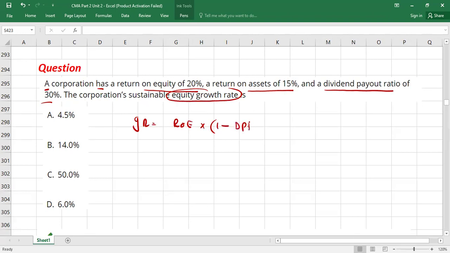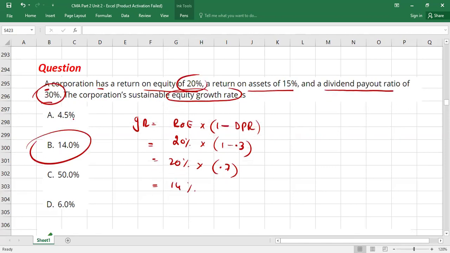Return on equity is given, 20%, multiplied by 1 minus the dividend payout ratio. The dividend payout ratio is given here, 30%, so 0.3. So 20% multiplied by 1 minus 0.3, which is 0.7. So 20 into 0.7 will be 14%. So this is the growth rate.